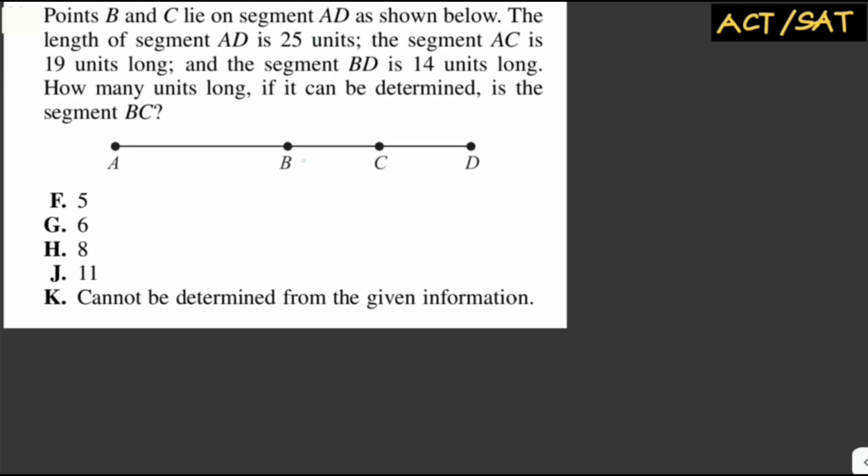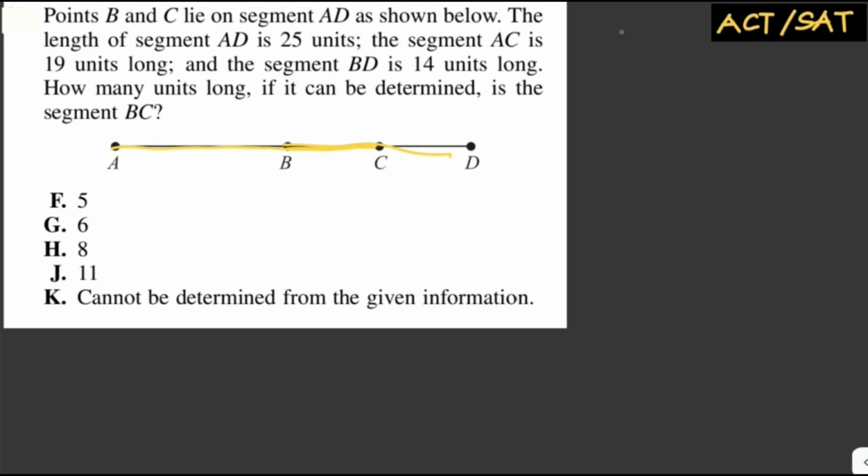And we're also given here the length of segment AD, which is 25 units. Since segment BC here is the intersection of segment AC and segment BD, therefore, the sum of the lengths of AC and BD is just the same as the sum of the lengths of AD and BC.